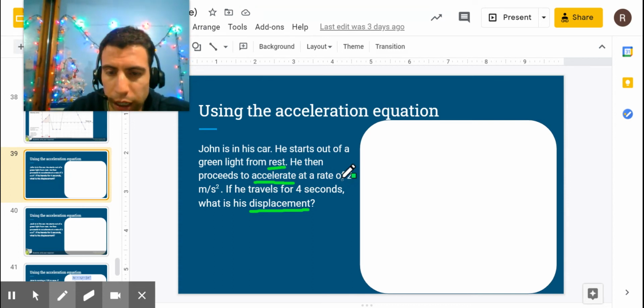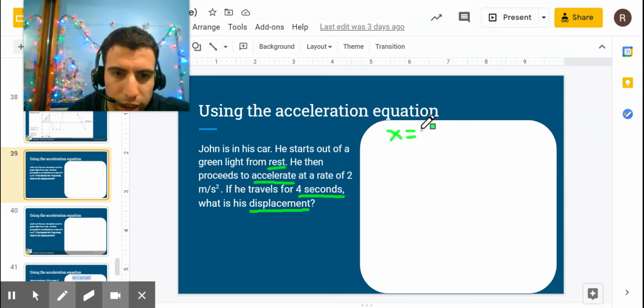Number one, I'm going to have all three of these values. I also have a time here, in seconds. So what's the equation I can use? If I remember from last time, that's going to be my displacement equation.